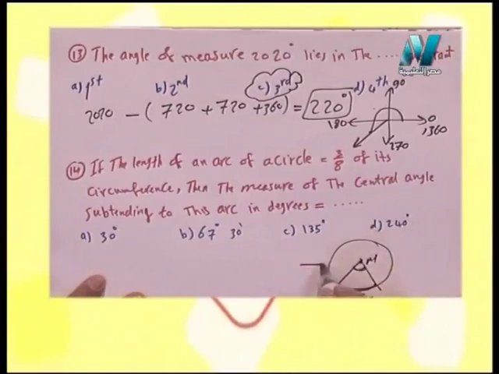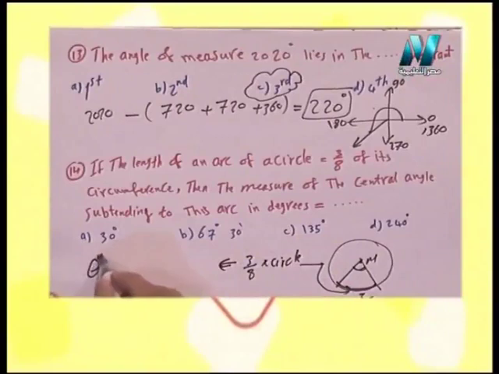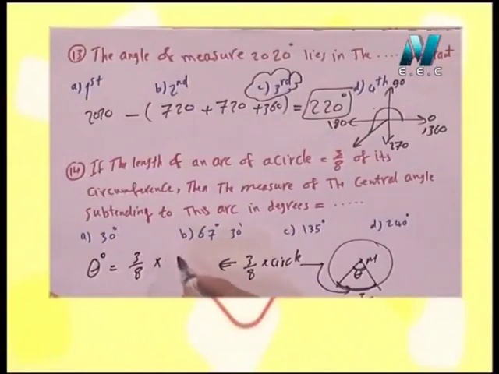If this arc equals 3/8 of the circle, then the central angle theta here equals 3/8 multiplied by 360.